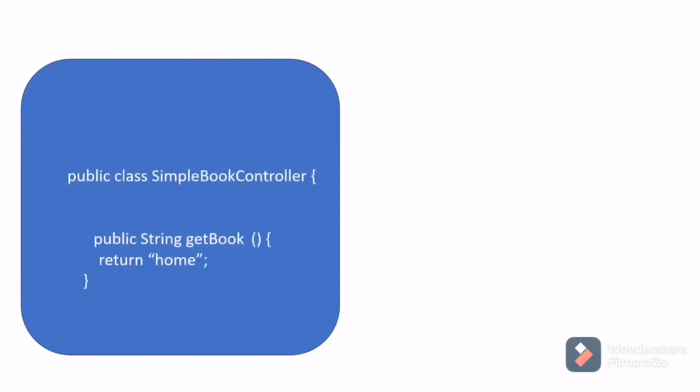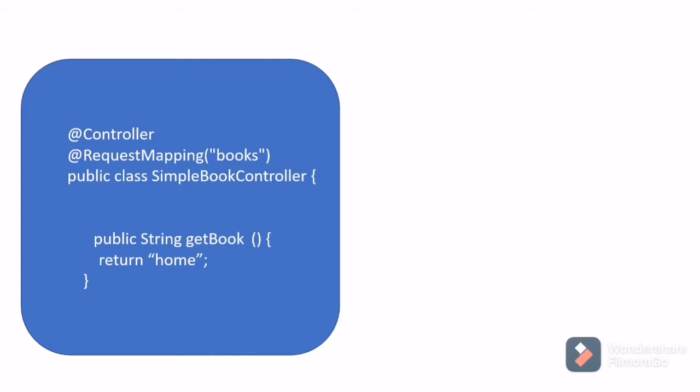Let's understand more about @Controller and @RestController with the help of an example. First, @Controller. For that, we have taken one class and a method that returns home. Here I am adding @Controller, and @RequestMapping we'll see next. It is just an annotation used to access this method.